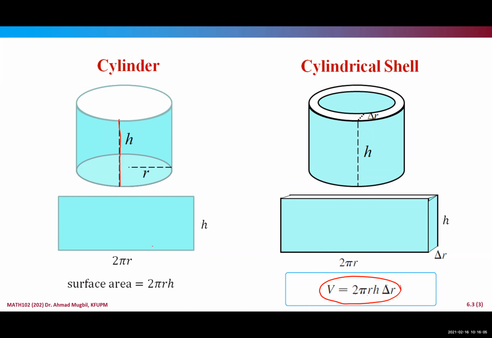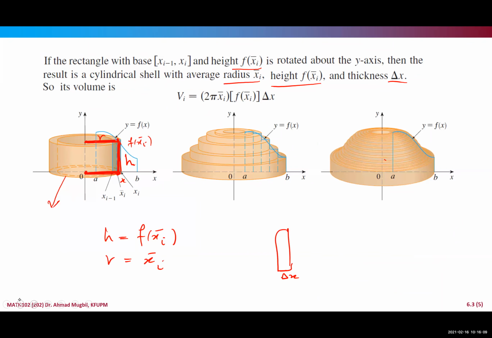This is for one cylindrical shell. In our case, this is r, this is h, and this one is delta r.